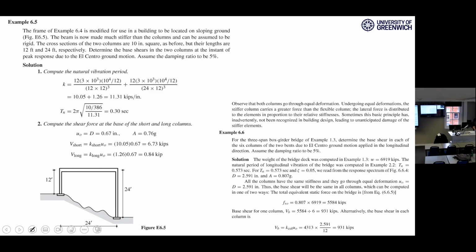This is common practice in many regions around the world. You're constructing some building on a sloping ground, so see what happens when an earthquake occurs and what will be different from the previous case.